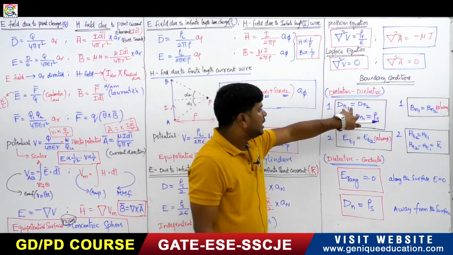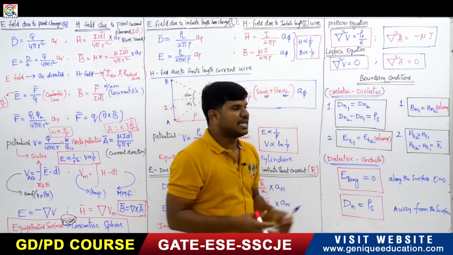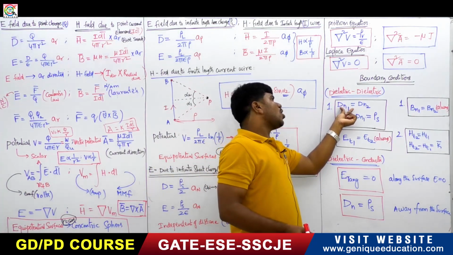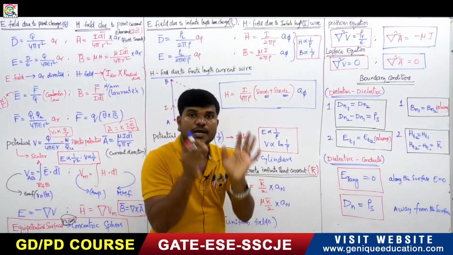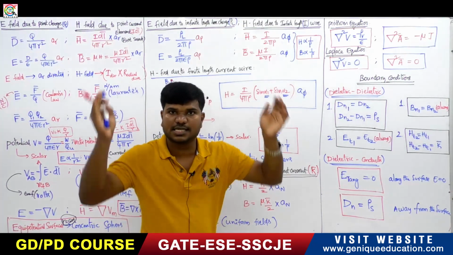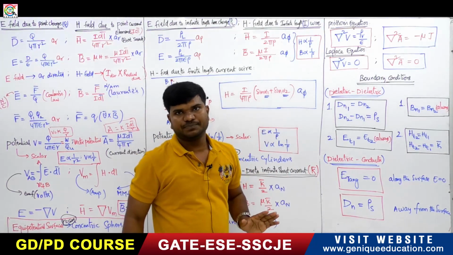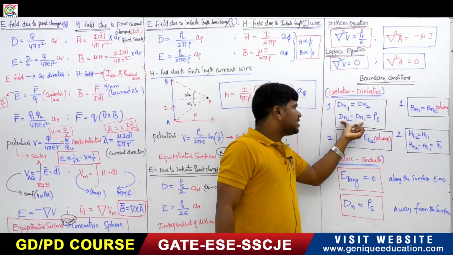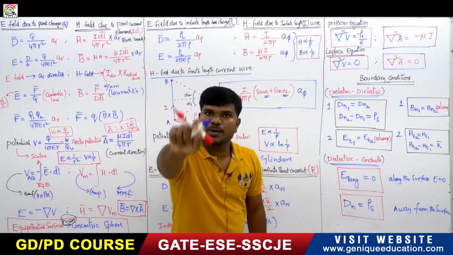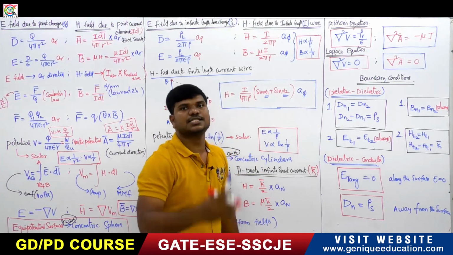If dN1 is equal to dN2, what does that mean? In words, the normal component of the electric flux densities is continuous if there is no sheet charge at the boundary. The normal component of the electric flux densities is discontinuous by an amount rho s if there is a sheet charge at the boundary.